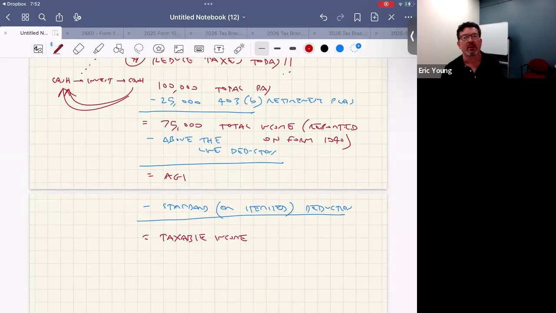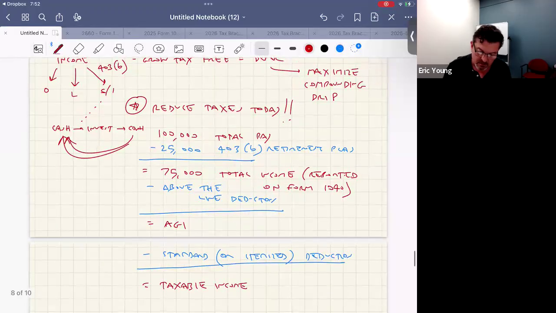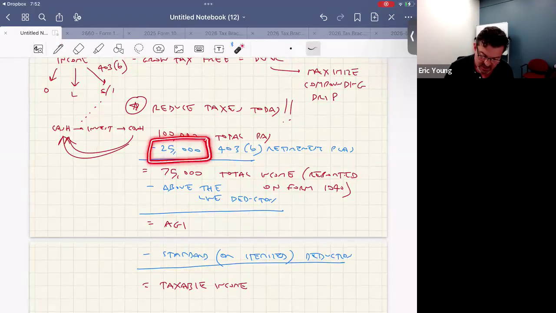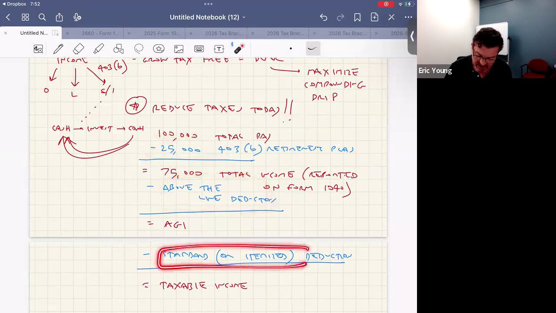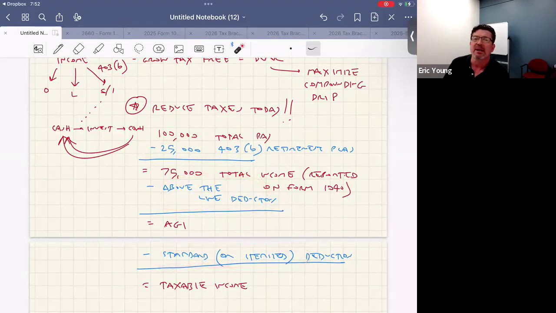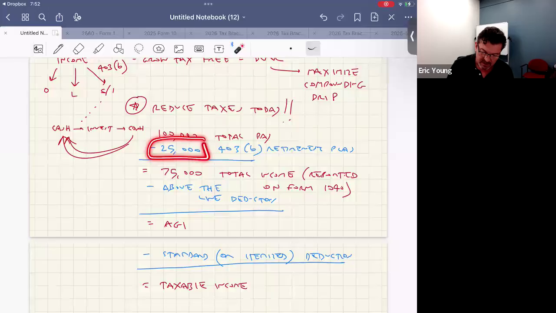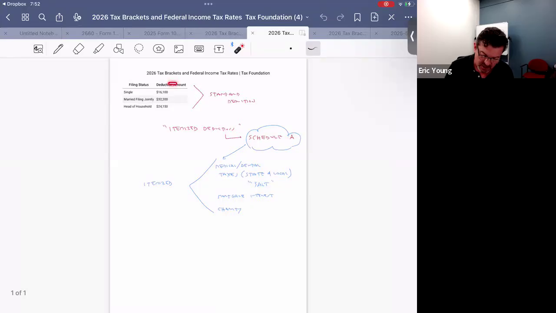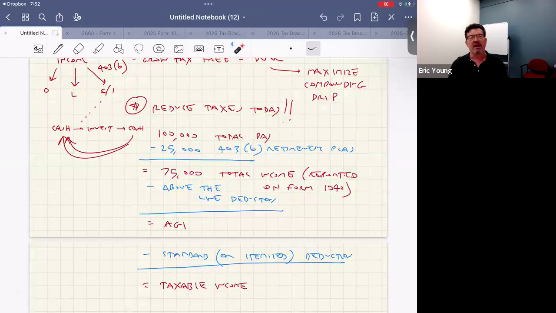So now think about this. You can take the amount that you put into your retirement plan plus any above the line plus your standard or itemized. It's very easy. I mean, look at this. If I put $25,000 into my retirement plan and I take my standard deduction of $16,100, I'm reducing my taxable income immediately by $41,000.